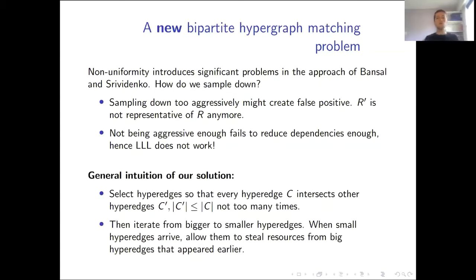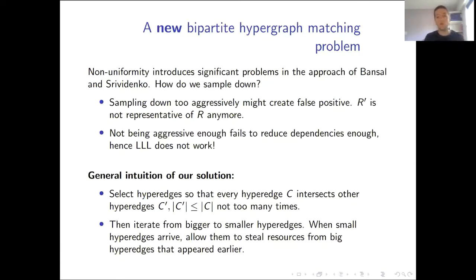So our solution, the general big picture, is first that we want to select hyperedges for each player, such that any hyperedge C will intersect the selected hyperedges C prime that are smaller than C not too many times. And if we have such a property, then we can do an iterative procedure from the bigger hyperedges to the smaller ones.